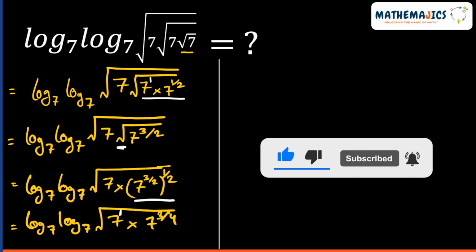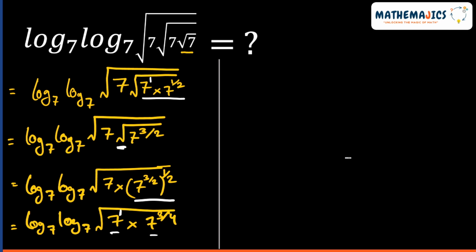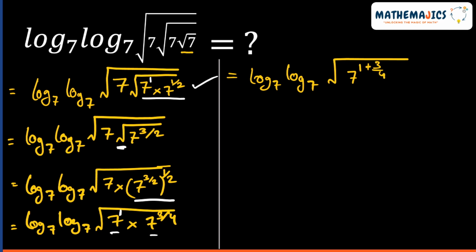Correct? Now again, you can see that the 7s are multiplied and the powers are different. So what happens in this case? The powers get added the way we did in this first step. Correct? So let's do it again. Log base 7 log base 7 square root 7 raised to power 1 plus 3 by 4. Correct? Now let's solve this further.